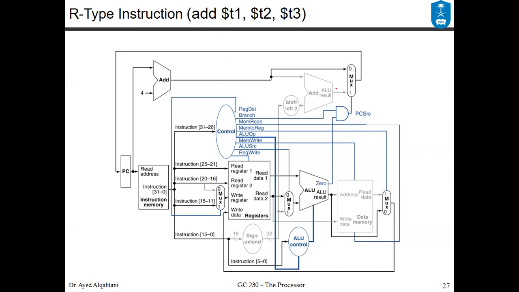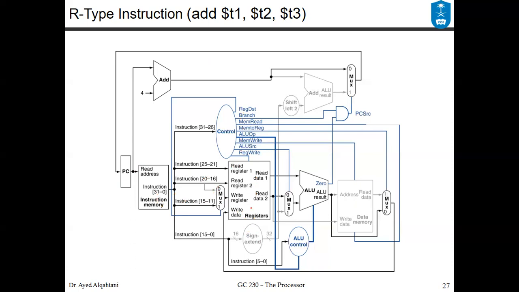Notice the part about the branch is also great because this is an R-type. So in the R-type, you need the program counter, you need the instruction memory. Actually, all the instructions need those two. And then you decode the instructions. You notice that you don't need this part because this tells you that the destination is RT. We care about the RD in the R-type. And you don't use the sign extension.